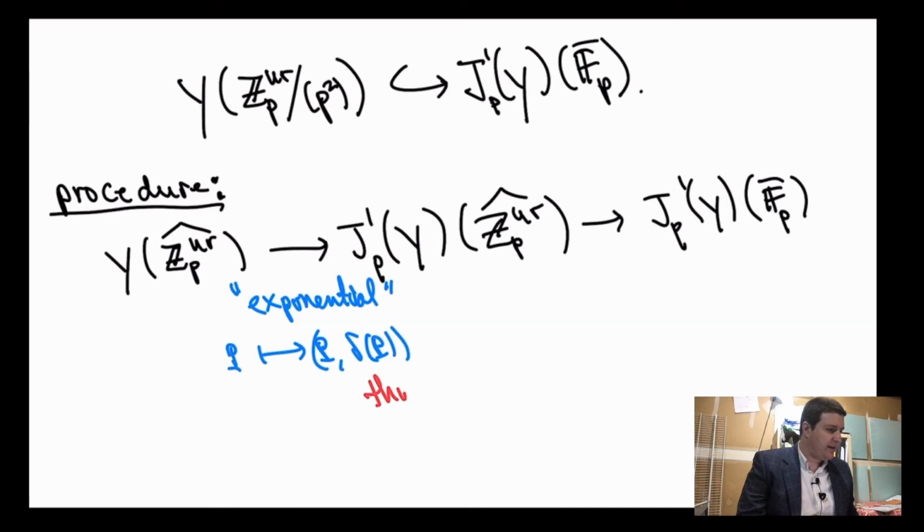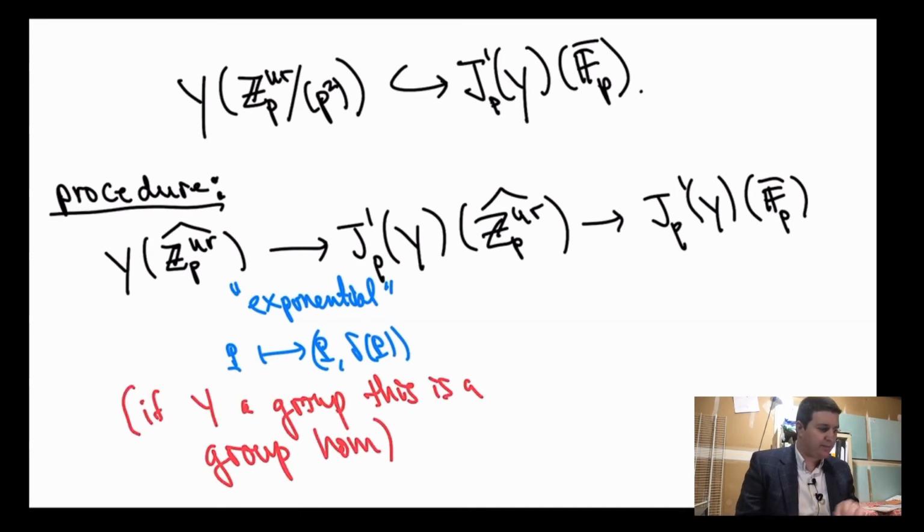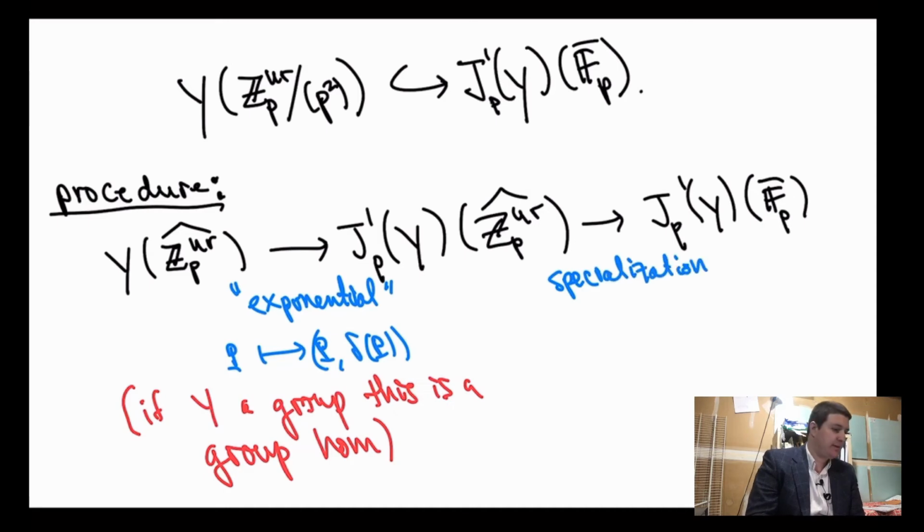One thing I wanted to mention is that this map is a group homomorphism when Y is a group. Then you can specialize again and reduce the points mod p. So this is another way that the jet space points can come into play. And I said that this was the specialization map.